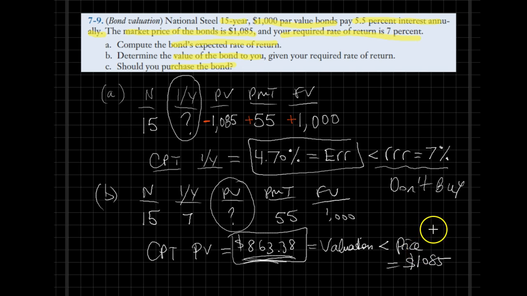Again, by just comparing your valuation with the market price, we come to the same conclusion. This bond is overpriced for this investor, so this investor would not be interested in buying this bond, so definitely do not purchase the bond.